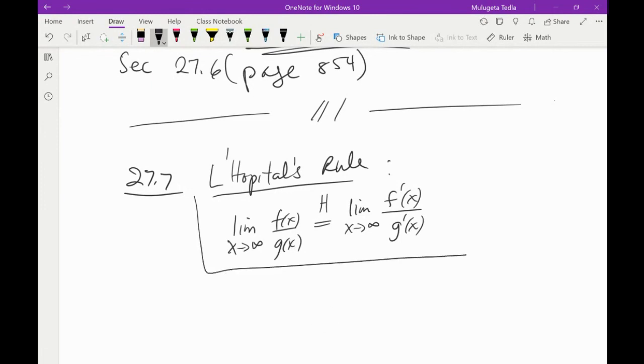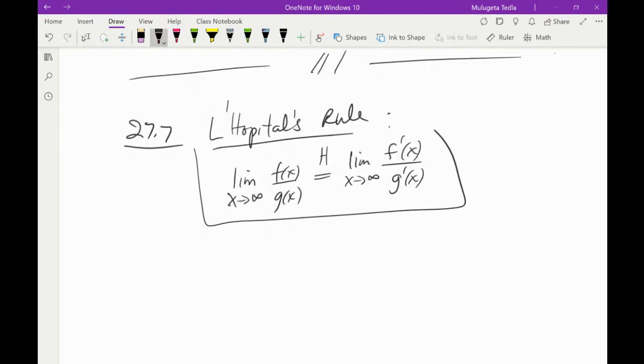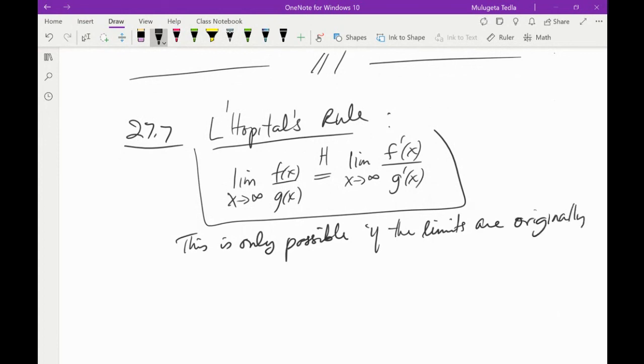This is what L'Hopital's rule says. This is only possible if the limits are originally what we call indeterminate.